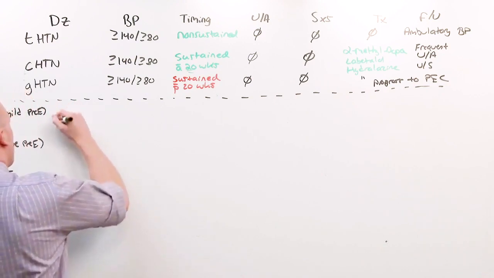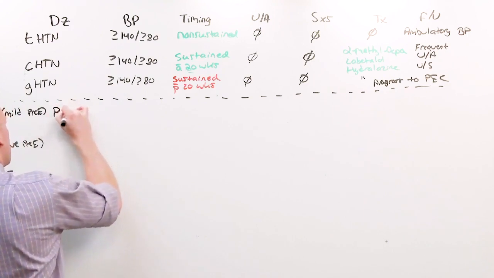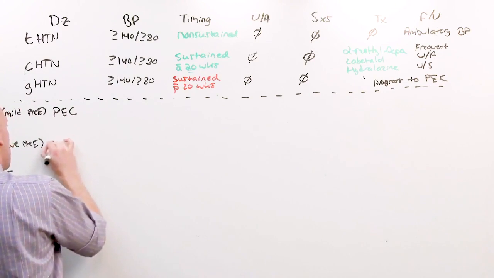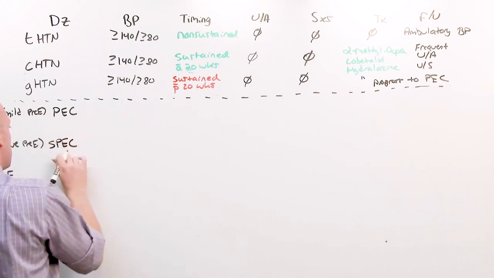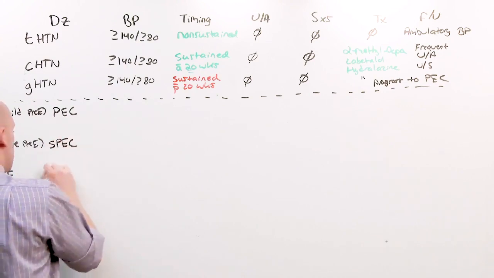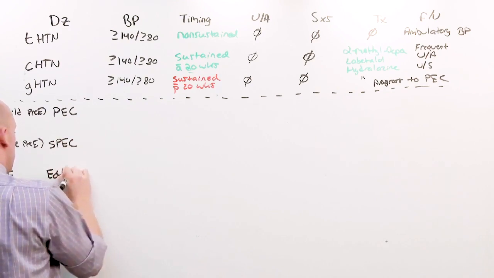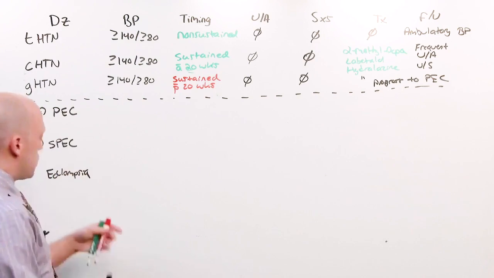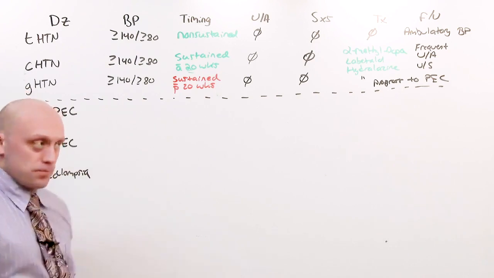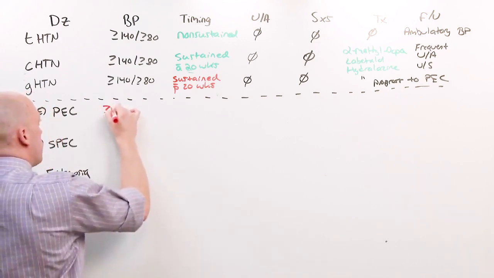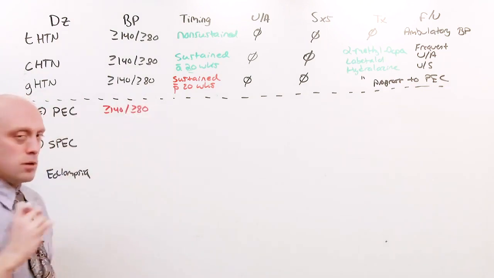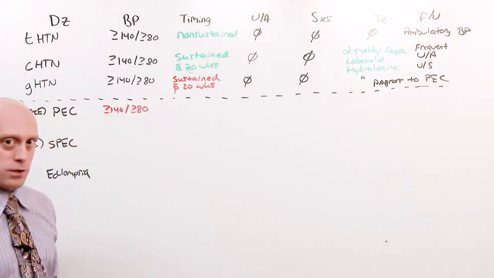Now instead we call them preeclampsia without severe features, PEC, or SPEC for preeclampsia with severe features, and still eclampsia. When you have reached the level of hypertension, 140/80, again, it's an or statement, that categorizes preeclampsia without severe features.